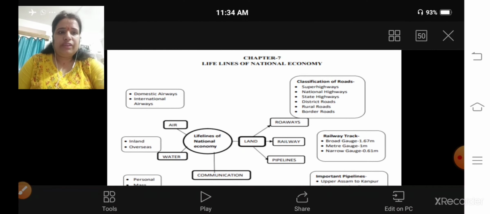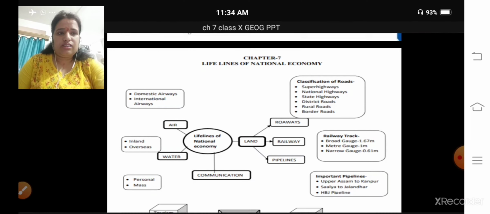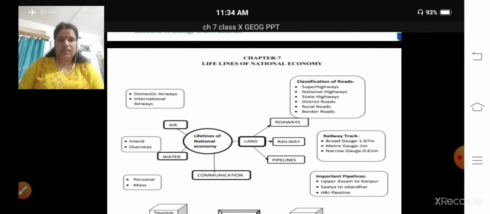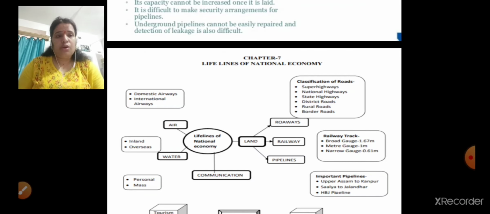Okay. So today we have done classification and introduction: what is transport, and why the chapter name is Lifelines. Because transportation and communication, these two provide the lifelines to the national economy. We all are dependent on these two.